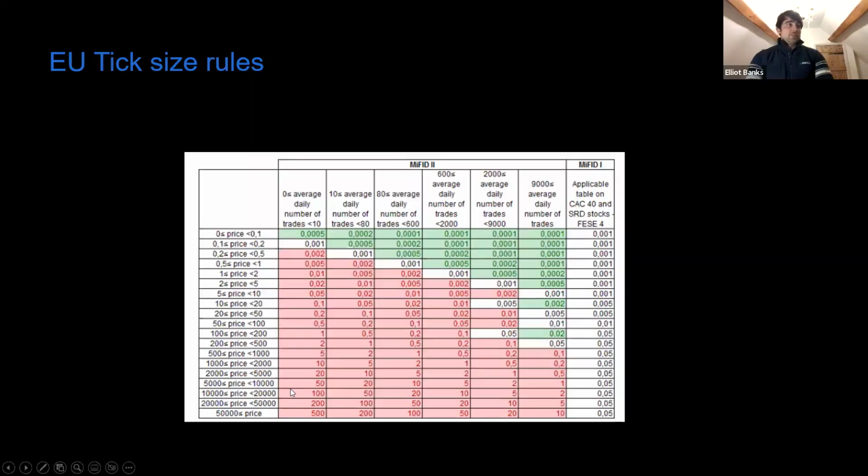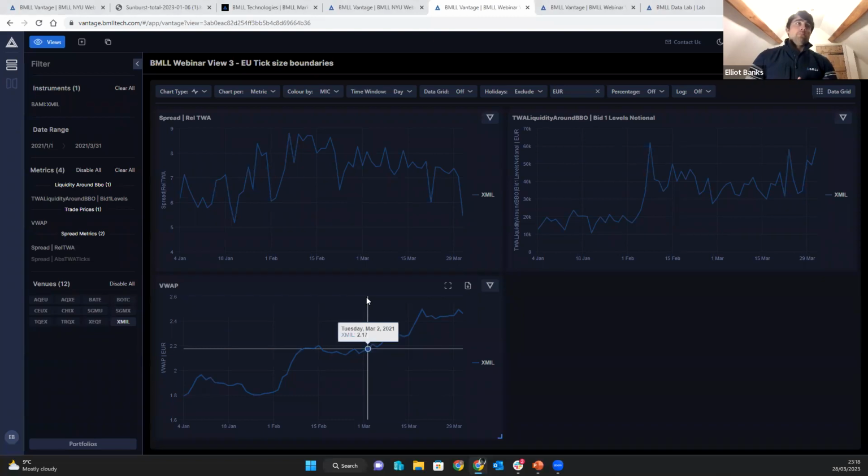So if we go back to our tick rules, we can see there is a change in the ticks that occur when the share price goes from under €2 to over €2. So what's happened is the price of the share has gone above this certain size. Therefore, the spread has actually got wider because the ticks there are wider.